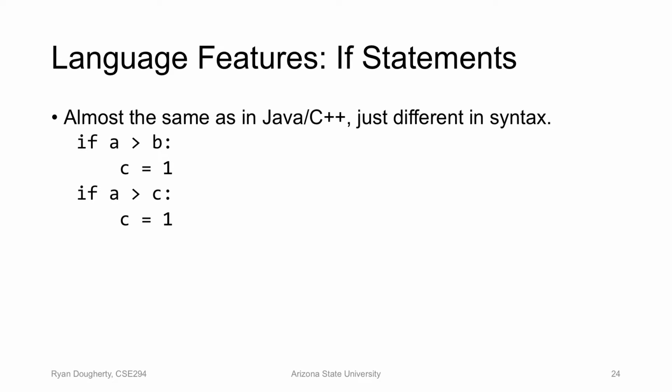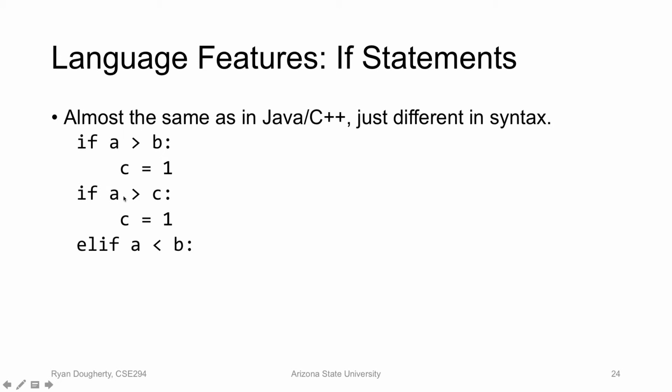I talked about if and else. Do we have an else if? So what's the name of that in Python? Yeah, elif. So elif represents else if. Here it's exactly the same thing as in Java and C++.